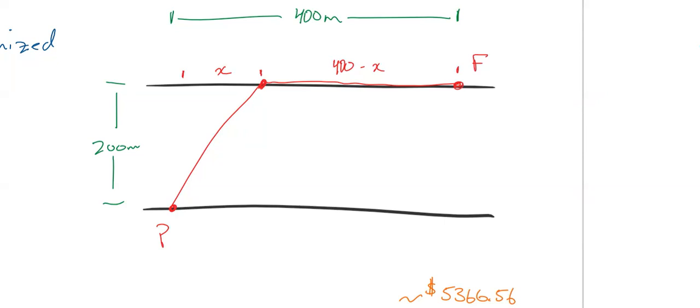What's our other unknown? That is going to have some factor into all of this. Well, don't you think it's the length that we go underwater? So we'll call that y.